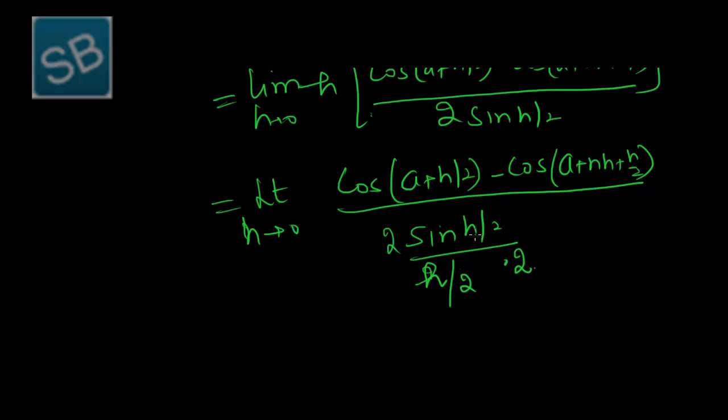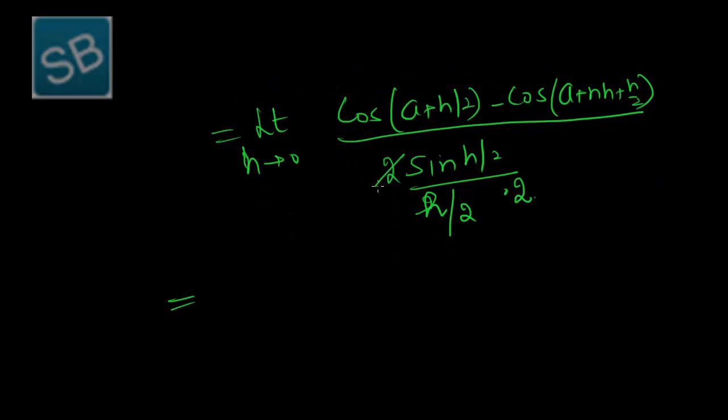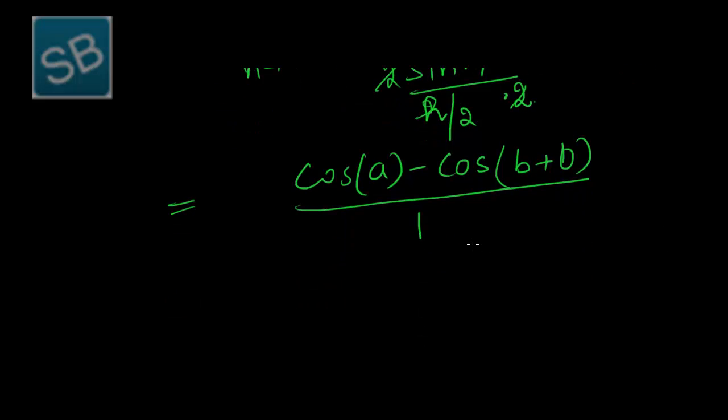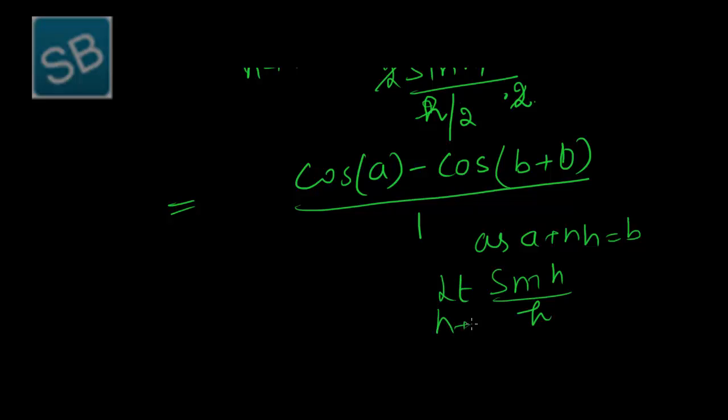We will get 2 cancelled out by 2 and we will get cos of a minus cos of a plus nh, that is cos b, over 1, as a plus nh is equal to b and sin h over h for limit h tends to 0 is 1.